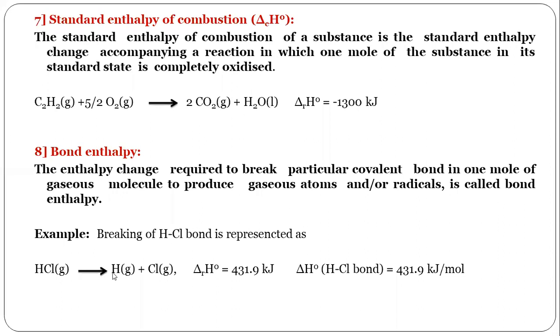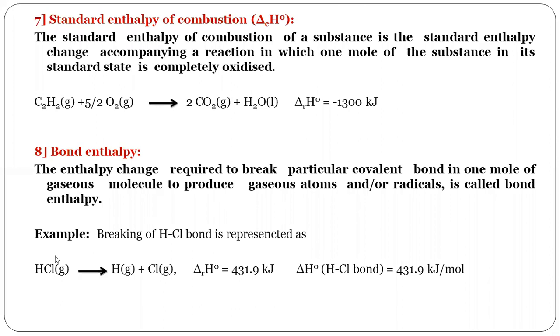See this example, by this example, the concept will be clear what is meant by bond enthalpy. Breaking of HCl bond is represented as, see here reactants, HCl gas is given because in the definition we have to consider 1 mole of gaseous molecule. So HCl gaseous already it is taken.